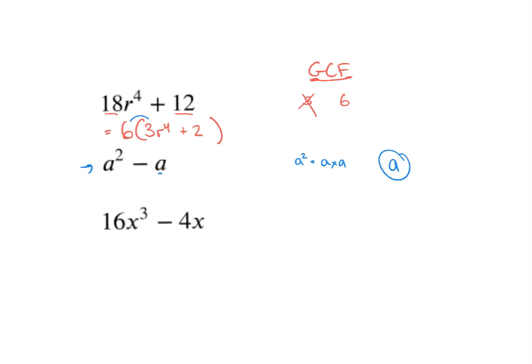Because a times a would be a squared, and it obviously goes into a as well. So the thing that we're trying to take out of the brackets will just be the variable a. And just like we did in the first example, we divide them. A squared divided by a gives me a, and negative a divided by a, the a's would cancel out, so I would actually just end up with -1.